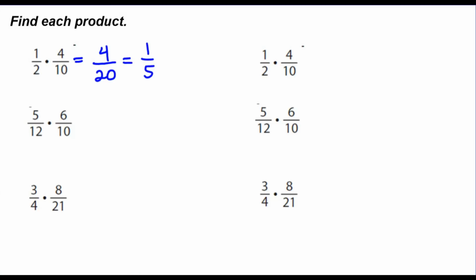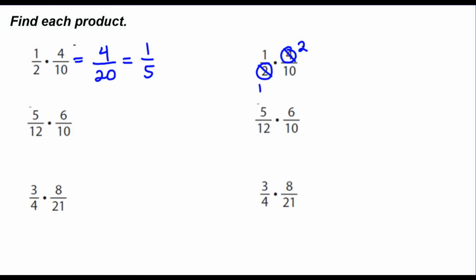Now I'm going to do the same problem again on the right-hand side, but I notice that this 4 and this 2 have a common factor. So if I were to simplify 4 over 2, these are both divisible by 2, so I divide them both by 2, and I get 2 over 1 there.